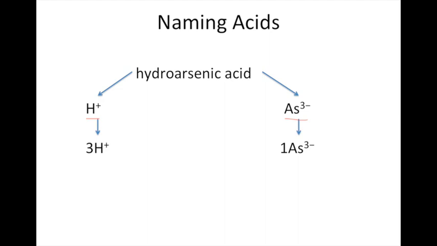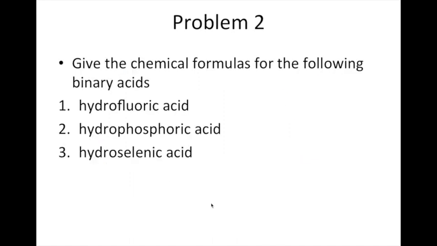So when we put them together to write the chemical formula, we represent the 3 as a subscript. So H3As. That means we have 3 hydrogen ions paired with 1 arsenide ion to give us hydroarsenic acid. So follow those steps and see if you can write the correct chemical formula for the following 3 acids.